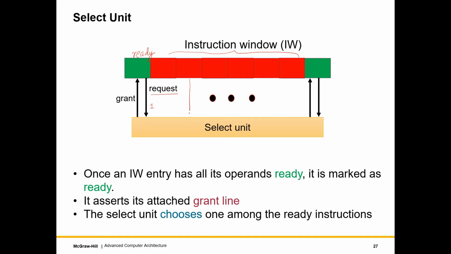There are similar request lines connected from the rest of the entries, and all of their status is 0. But again, for the next green line, it is 1. So what the select unit does is that it basically selects one of the requests and grants it. Well, how does it do it, and how does it do it for multiple instruction types and take structural hazards into account?